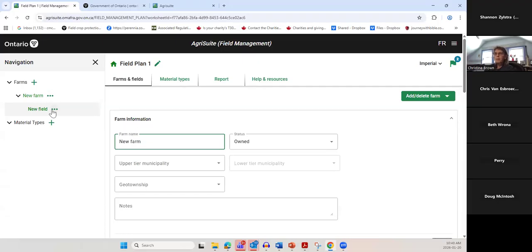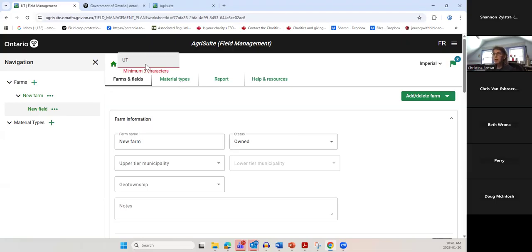All right, well, so this is the home screen, and I start with a field plan. I've got the pencil here that says edit, so I can edit, and I'm going to call this our, what do I call it? UTRs. Oops.